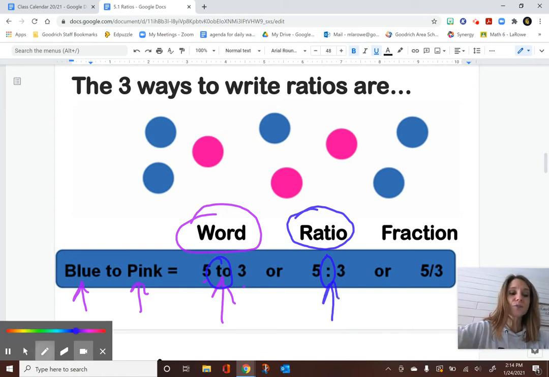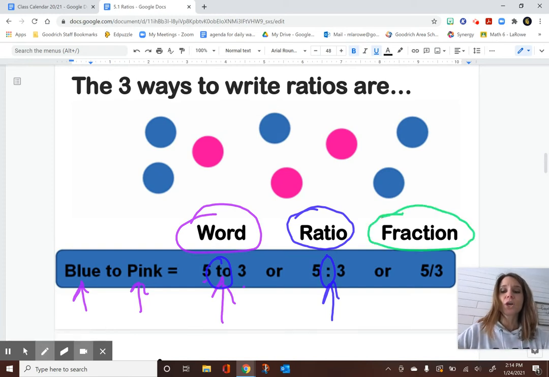And then the last way to write a comparison ratio is in fraction form. Although it's going to look like a fraction, it's not a fraction at all. The fraction bar is the symbol that says to. 5 to 3. So they all say the same thing: 5 to 3, 5 to 3, and 5 to 3. They just look slightly different when comparing.